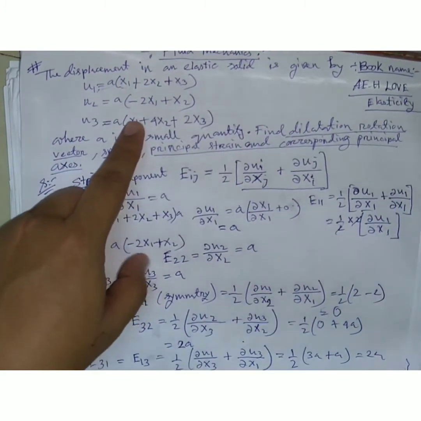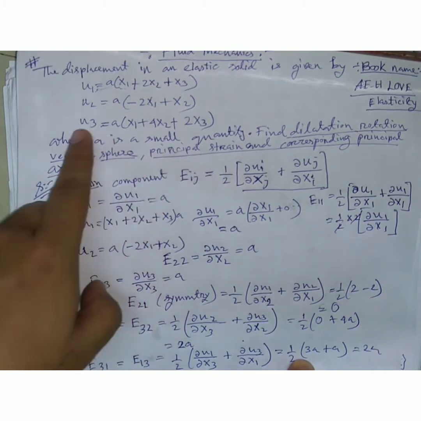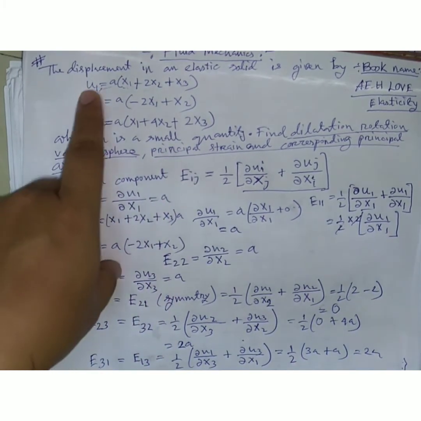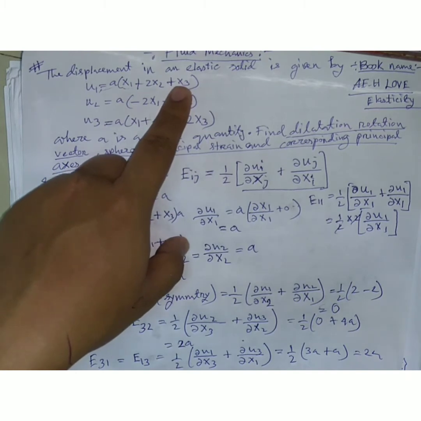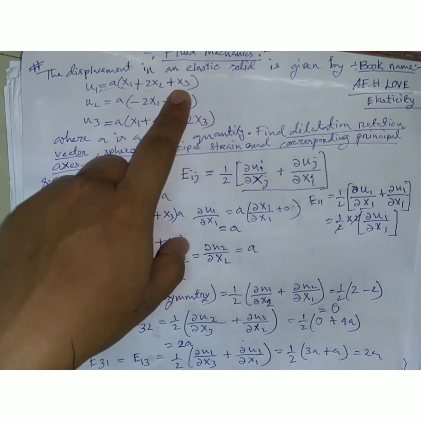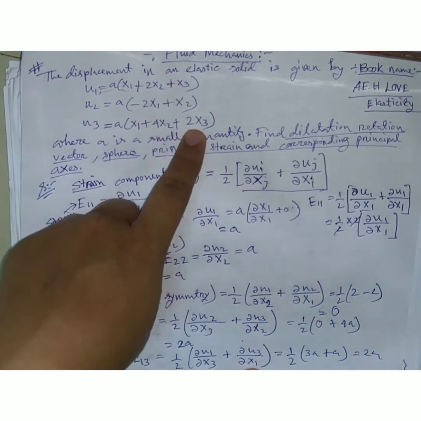E31 means here x3: when we take the derivative of u1 with respect to x3 we get 3a, and u3 divided by x1 we get a.